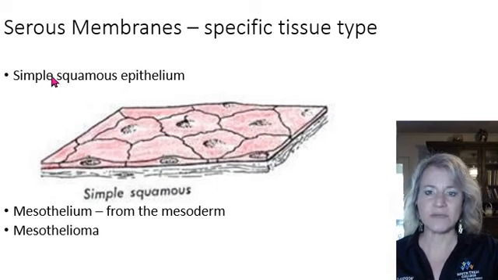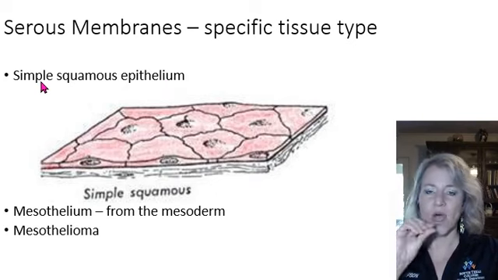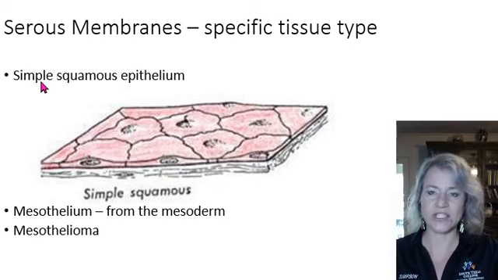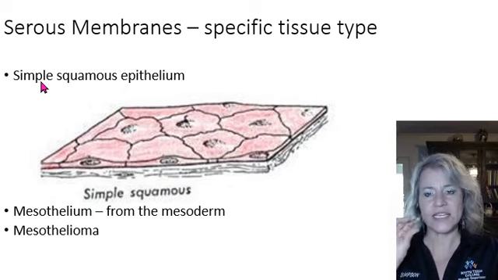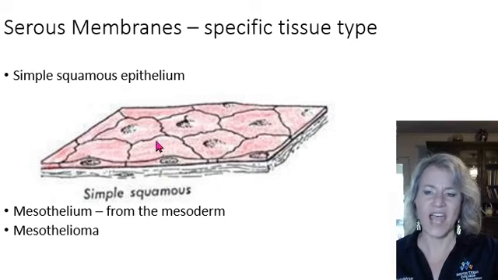Well, the serous membranes are made of simple squamous epithelium. And what does that mean? Simple means just one layer of cells. And squamous, the type of cell, is a flat, scale-like cell. So squamous means flat, scale-like.